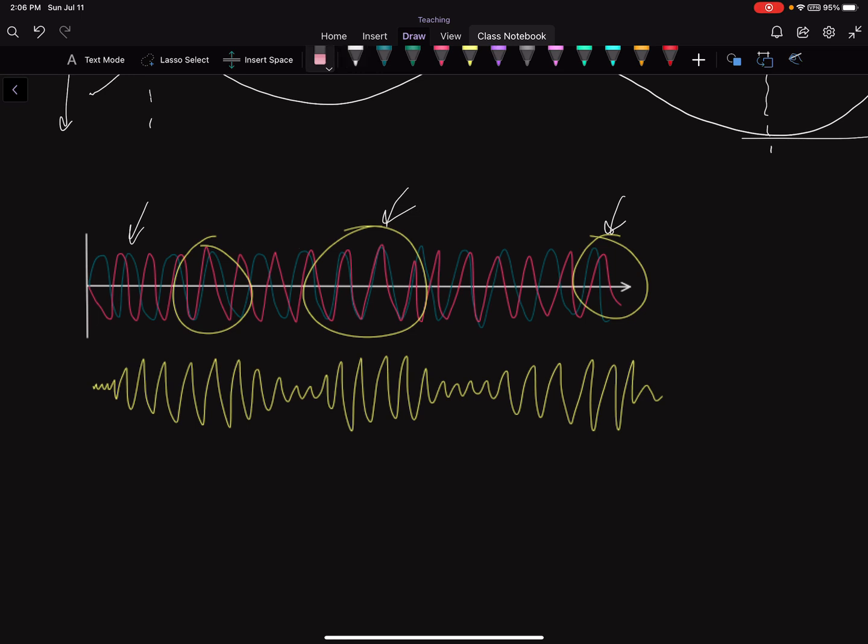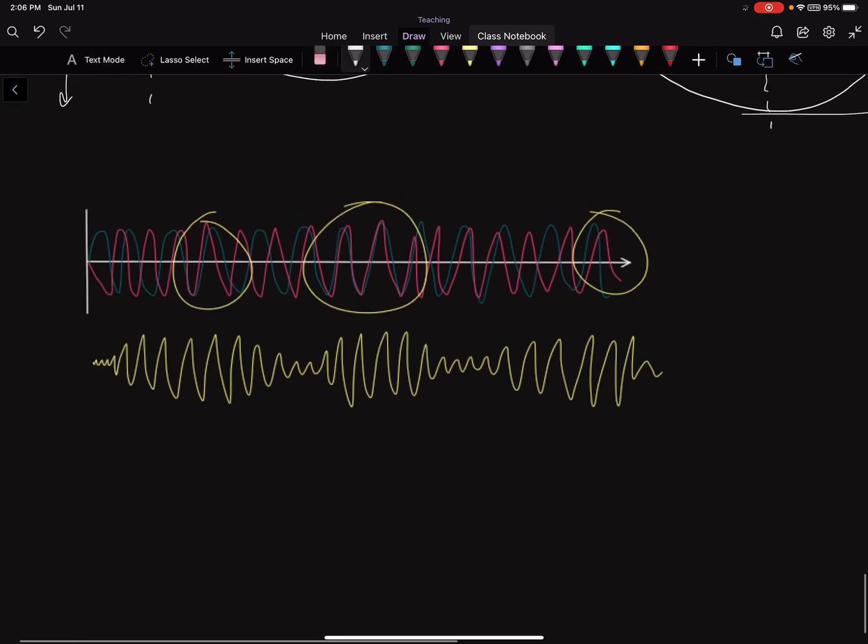And so if amplitude is intensity, right, and sound level that you're hearing, then what you end up hearing with a combination of just these two frequencies are these beat notes, where it's very quiet for a period of time, and then it builds, and then you hear this beat here, and then it's quiet for a time, and then you hear a beat, and then it's quiet, and then you hear, right?